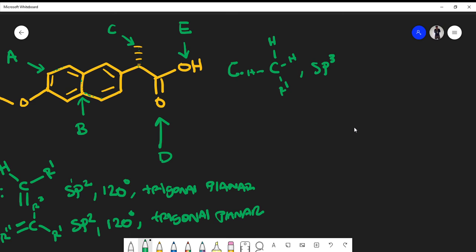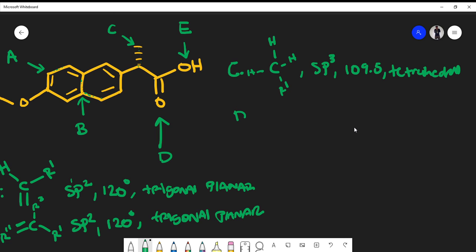Typical sp3 bond angles would be 109.5, and we're looking at a tetrahedral shape. There are no double bonds and no lone pairs to alter our tetrahedral structure, and so we say both the electron geometry and the molecular geometry would be tetrahedral.